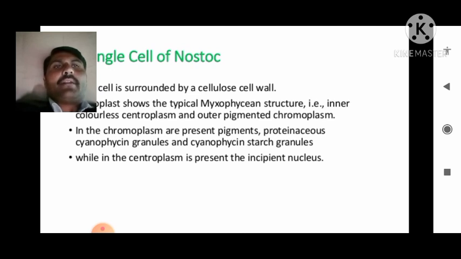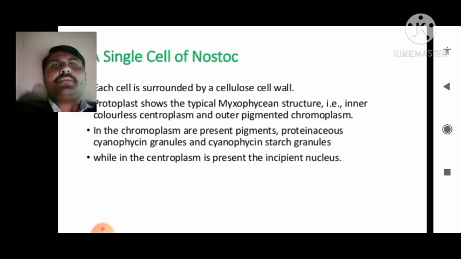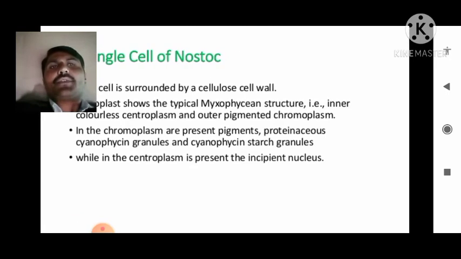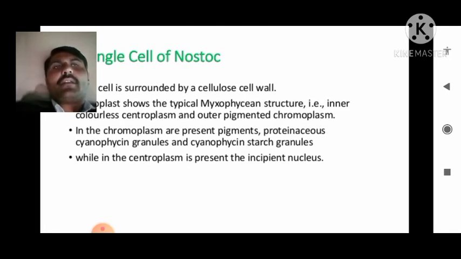Now, the cell wall of the Nostoc is surrounded by cellulose. The protoplast shows the typical mixophycean structure, that is, the inner colorless centroplasm and the outer pigmented chromoplasm.